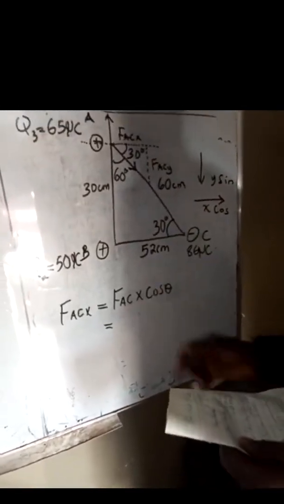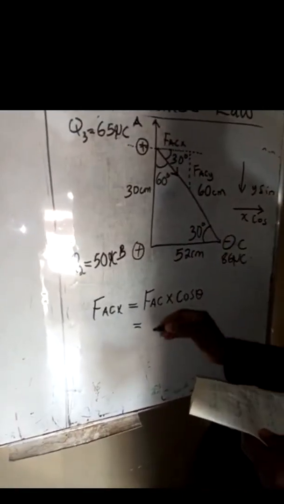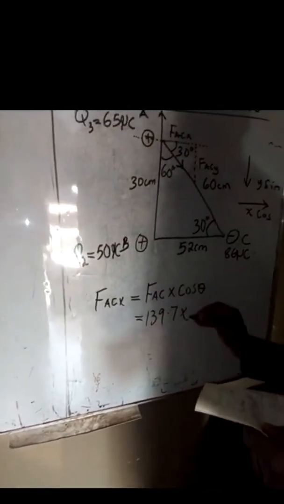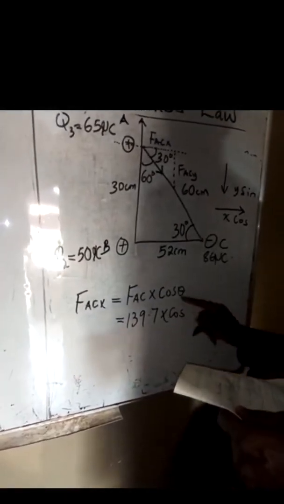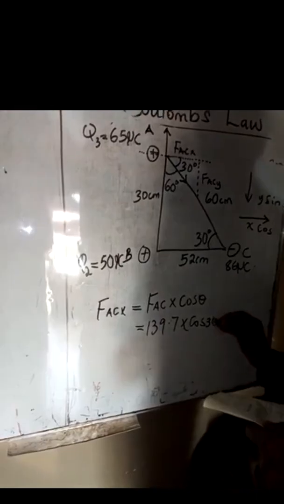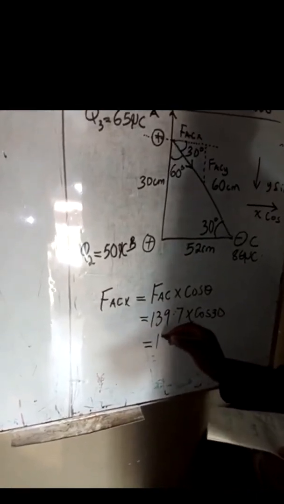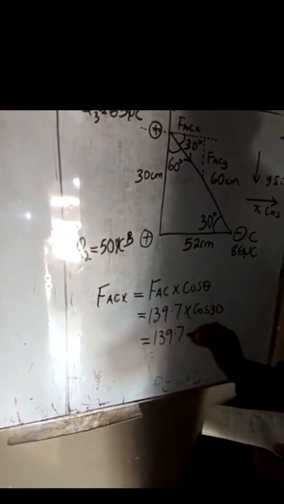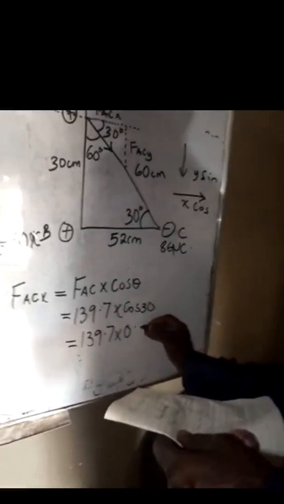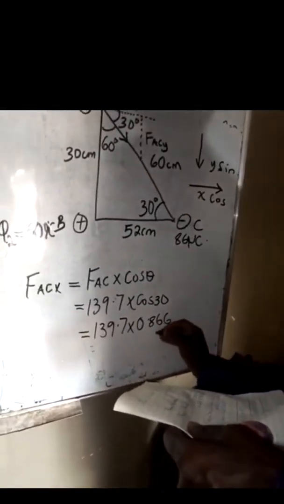So what is our FAC? Our FAC is 139.7 times cos angle. What is our angle? Our angle is 30. So cos 30 will give us what? That will give us 139.7 times cos 30, which is 0.8660.